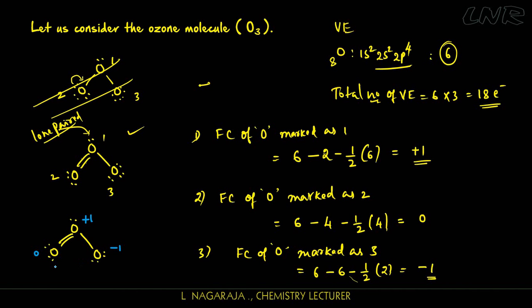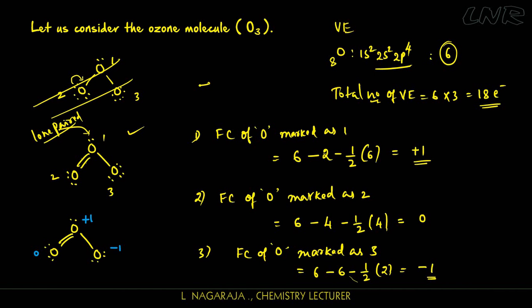The charge of a particular atom in a molecule is called the formal charge. The formal charge is calculated using the formula: total number of valence electrons in the free atom minus total number of non-bonding electrons minus half of the total number of bonding electrons.